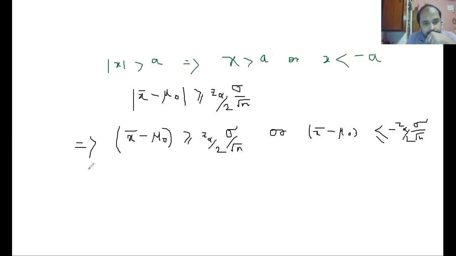Now you keep x bar on the left-hand side, and take all the other quantities to the right-hand side. So what will I get? We shall get x bar greater than or equal to mu 0 plus z alpha by 2 sigma by root n.